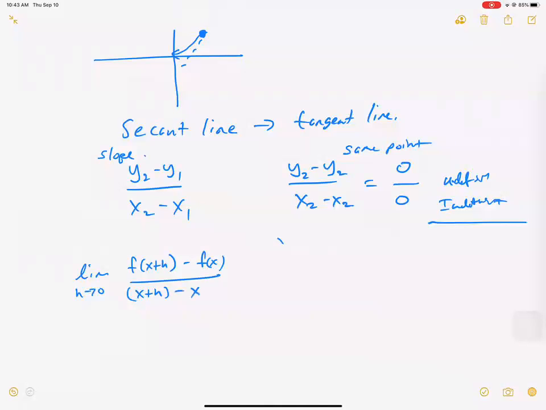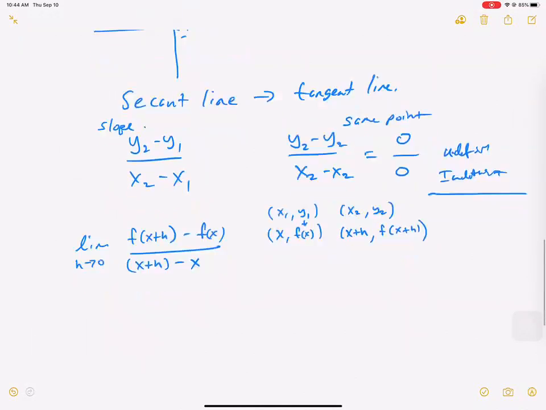My x1 and y1 and x2 and y2, I'm going to rewrite this as just x and f of x. And remember, y can be rewritten as f of x. And the second point is going to be a little bit away from x. And the f value is going to be plugged in a little bit away from x.